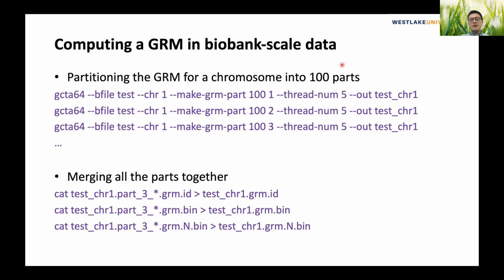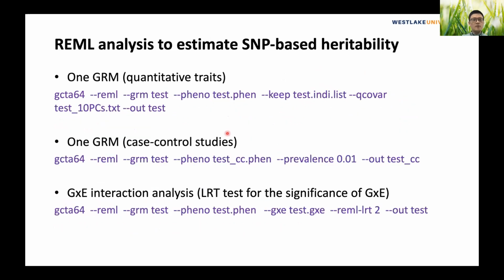Here, we divided the analysis into 100 parts. And once all the parts are computed, you can simply use the command cat in the Linux or Unix shell to merge all the parts together. You can then further merge the GRMs for the chromosomes into a single GRM.